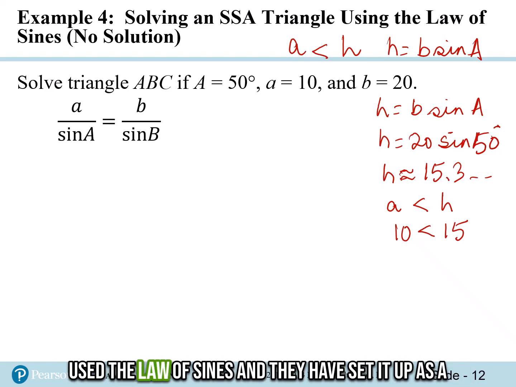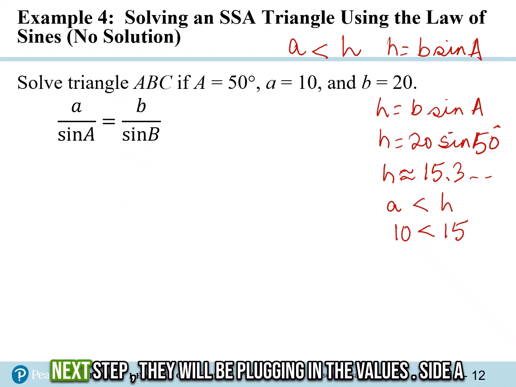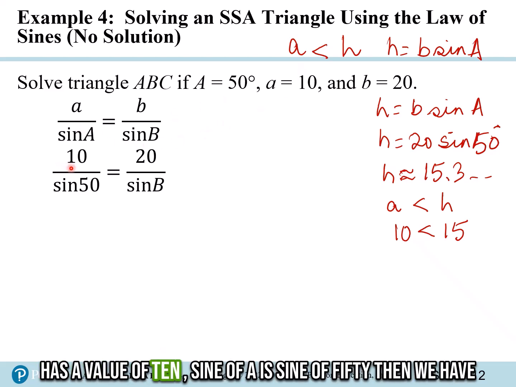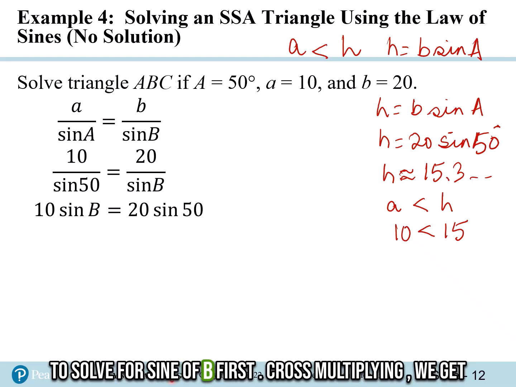They've used the law of sines and they have set it up as A divided by sine of A equals B divided by sine of B. In the next step, they will be plugging in the values. Side A has a value of 10. Sine of A is sine of 50. Then we have 20 for B and sine of B is unknown. So they'll try to solve for sine of B first.